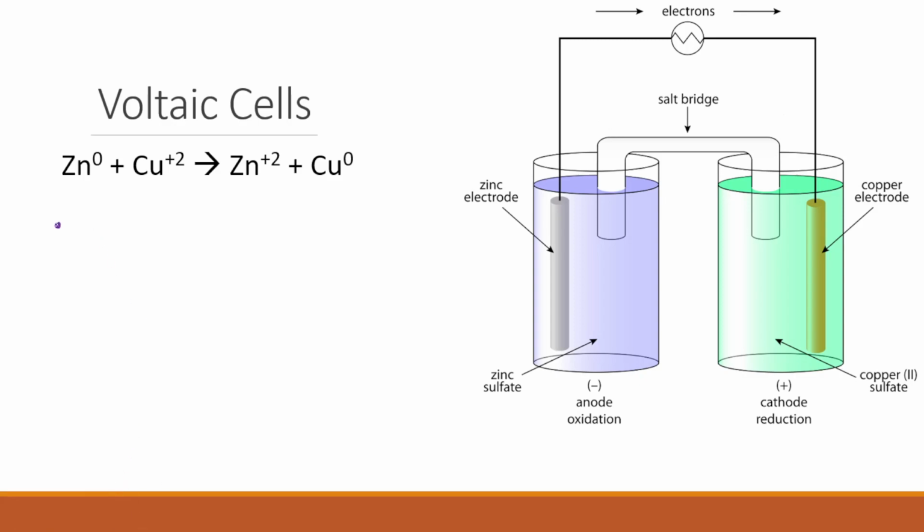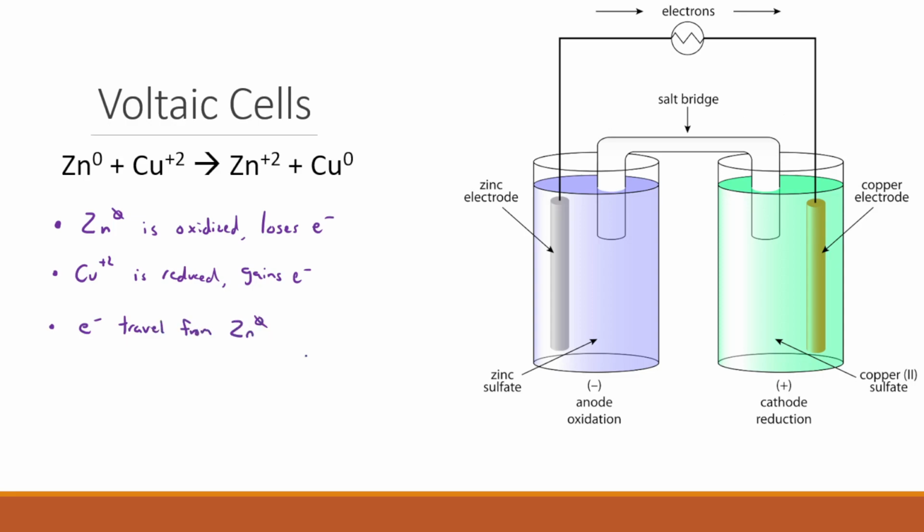All right, let's take some bullet point notes here. Zn0 is oxidized. It loses electrons. Copper plus 2 is reduced. It gains electrons. Electrons are going to travel from the zinc metal to the copper ions.